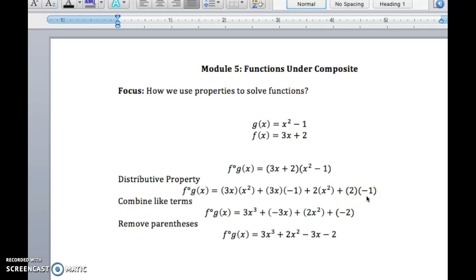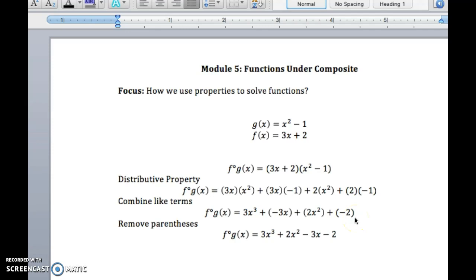Then I combine those like terms, so that I get 3x cubed plus a negative 3x plus 2x squared plus a negative 2.